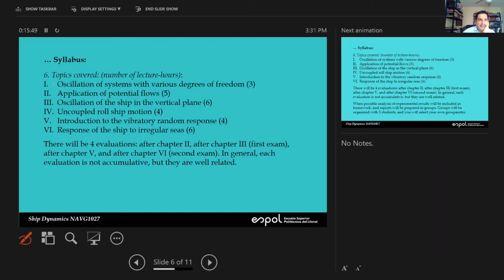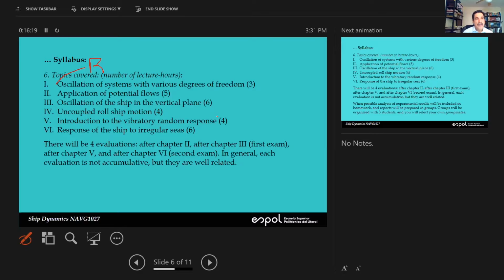We should say here that this is a review, because this has already been studied in the ship vibrations class. So that's material that comes from a previous class. Chapter 2 is application of potential flows. You see that this is 3 hours, this is 5 hours, so this is almost double that.